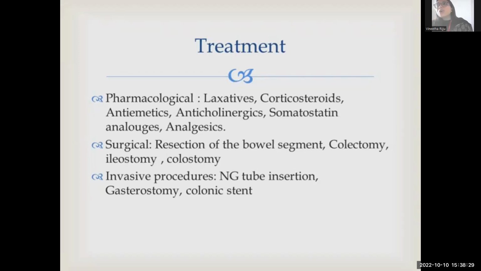And also corticosteroids. Corticosteroids, why? Why are we giving corticosteroids? Any answers?